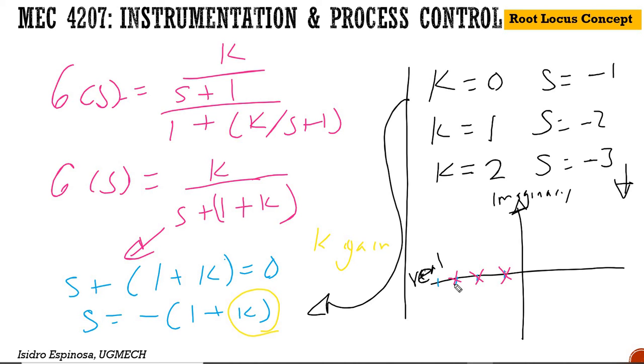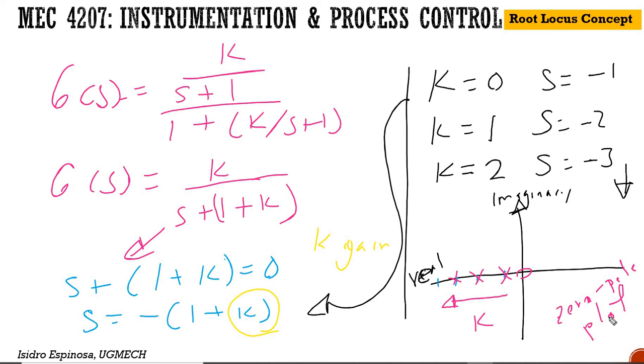So as you see, when we start to add values to k, we start to move away from the origin, from this 0 pole plot.